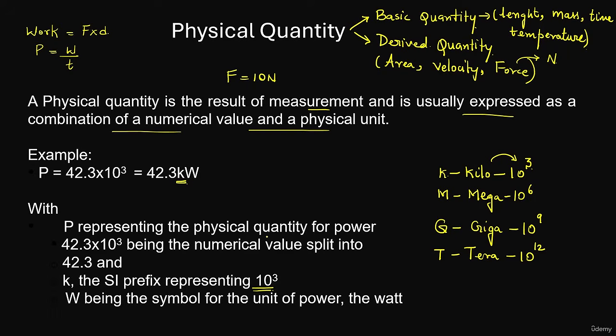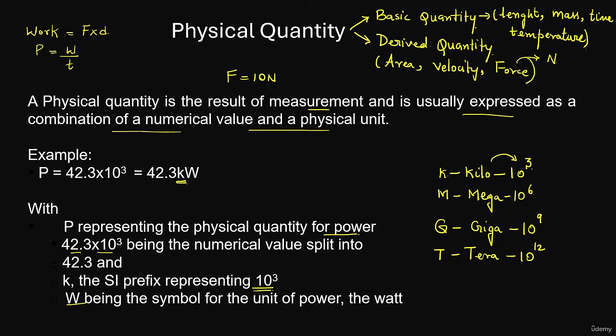So P is representing the physical quantity for power, 42.3 into 10 power 3 is the numerical value, and here W is the unit for watts.